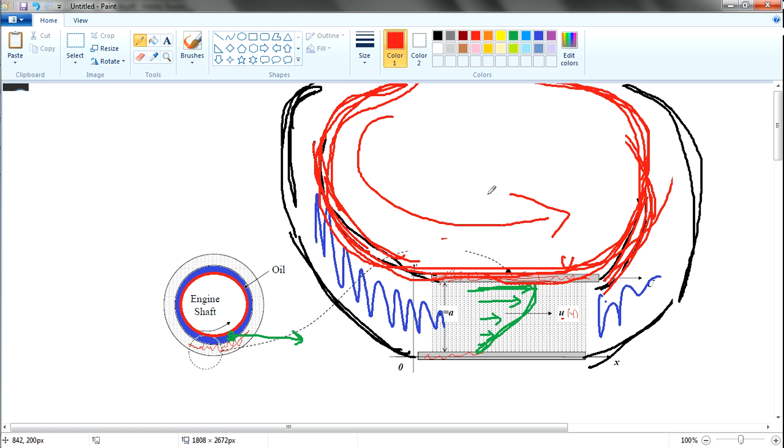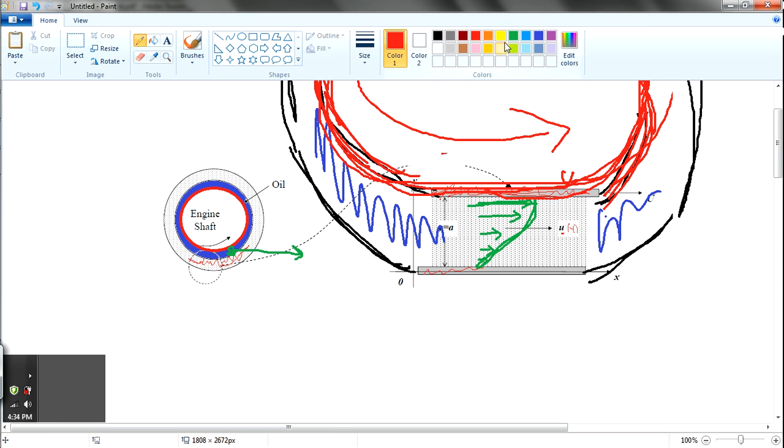Just before it goes to its normal speed, when it starts to turn, the fluid itself may not move that fast. So when you start to turn, the plate is moving at a slightly lower capital U, the velocity of the plate. So therefore the fluid itself may move in a slower manner.